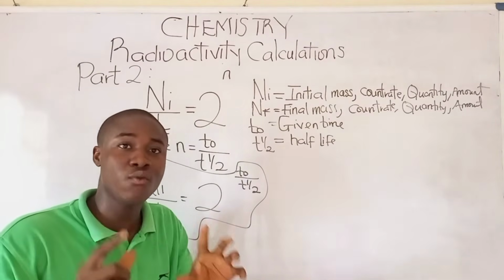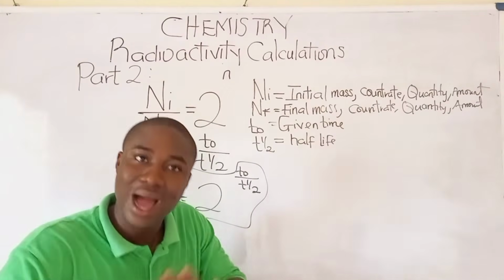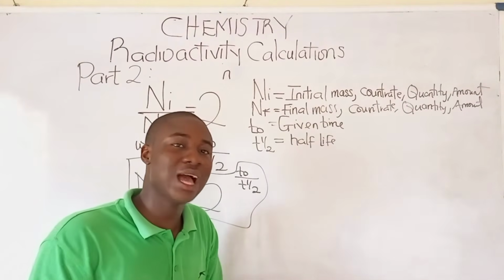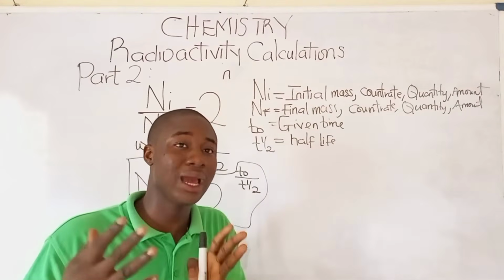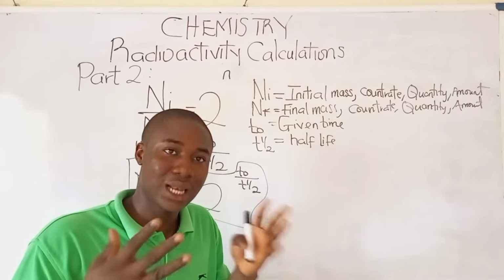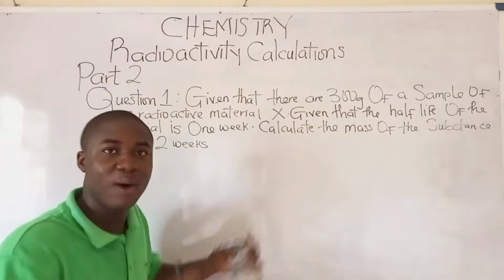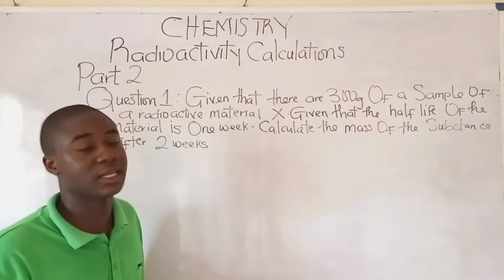So let's quickly move over to the first question, so we apply this formula and get answers. This aspect under chemistry is a very, very interesting one. So you just do well to pay attention and know these formulas, absorb them. So let's start solving.